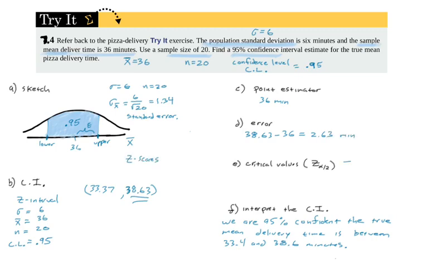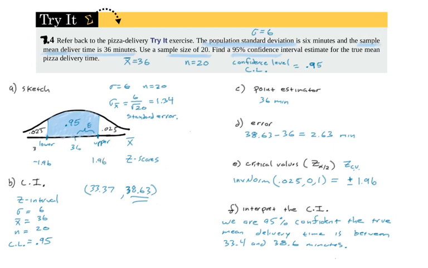And if we talk about it in terms of z-scores, inverse norm. Now, area to the left this time is going to be 0.025 because it's 5%, but we're splitting it by 2. And that's going to give you negative 1.96. But if you recall, it's symmetric. So we know we're going to get a positive as well.